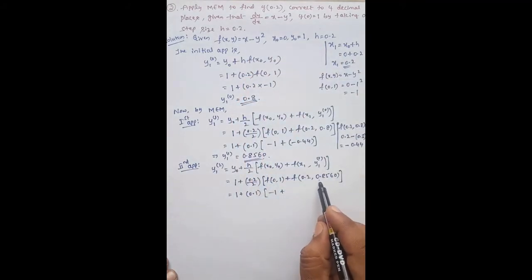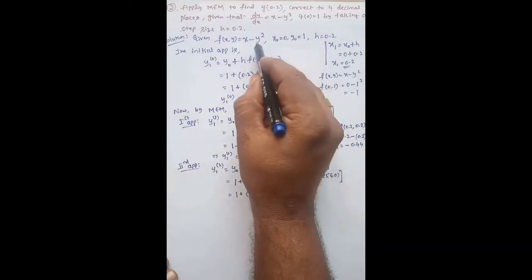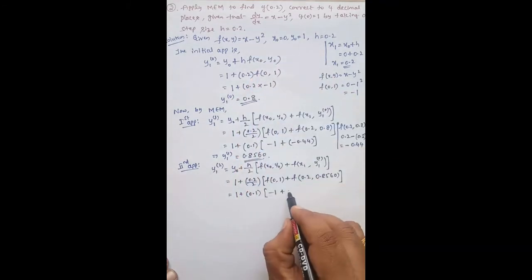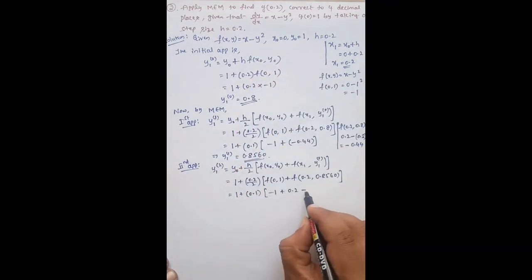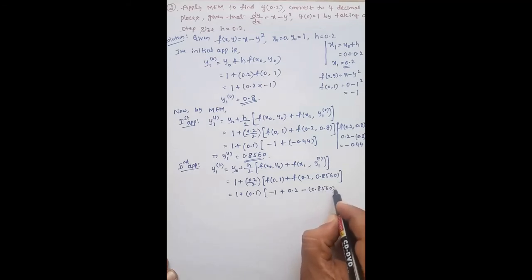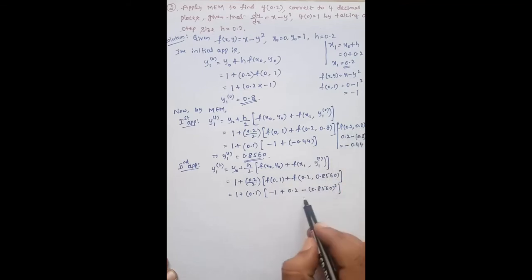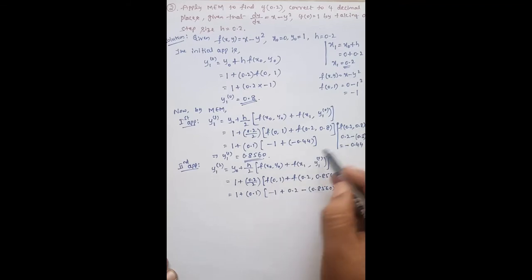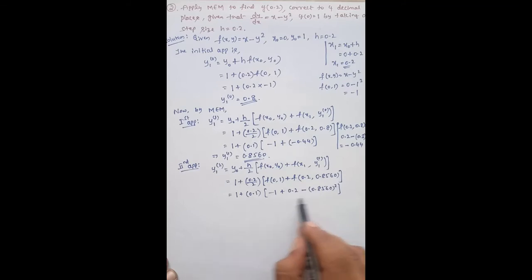In place of y we have 0.8560. Substitute here. So it gives 0.2 minus y square. y square is 0.8560 whole square. If we calculate separately like this and then substitute, you will get the same. Or you can do this calculation here itself, so that instead of calculating twice in the calculator, you can find the answers directly.